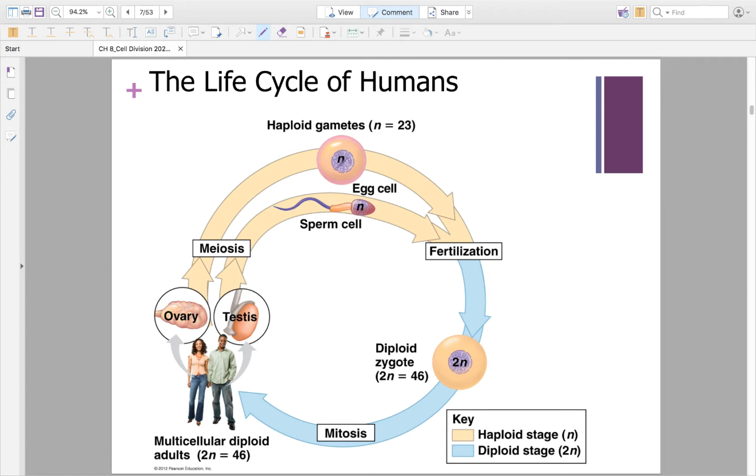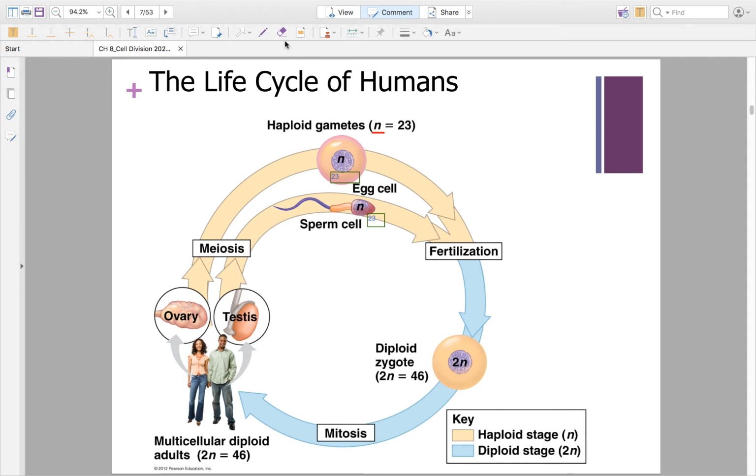That means there's 23 chromosomes in this egg. That's the mother. So this is technically n equals 23. They expect you to just know that it's haploid when you see n. So there's 23 chromosomes in that egg, and 23 in that sperm.